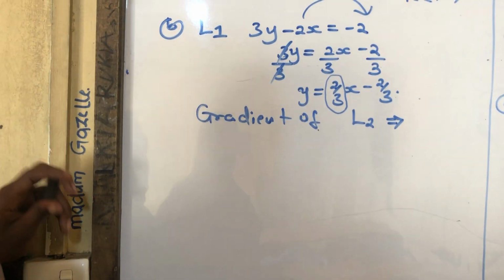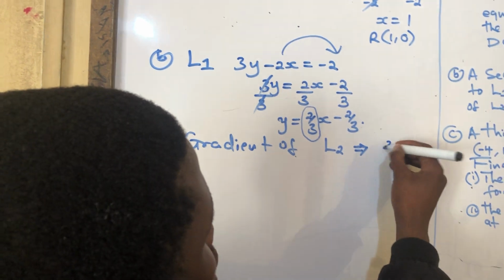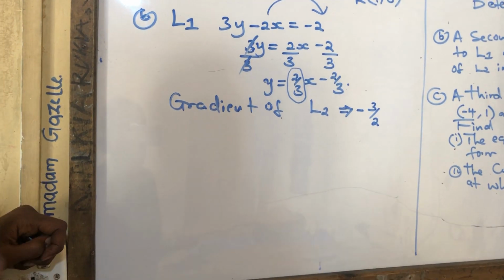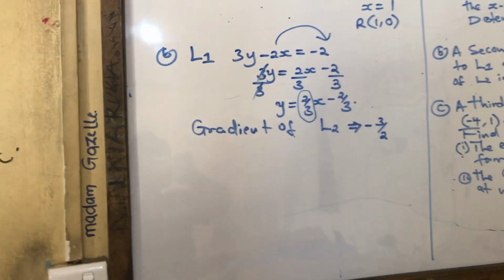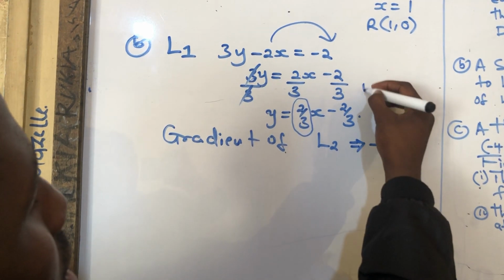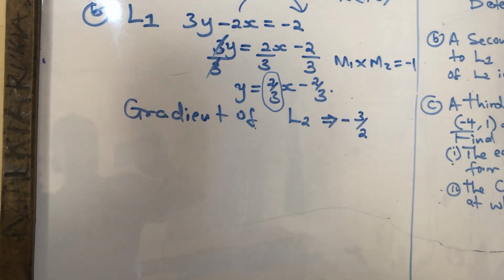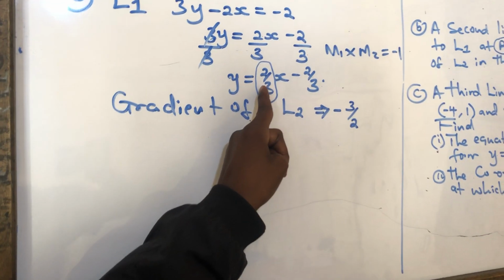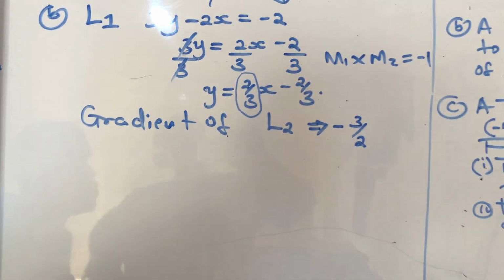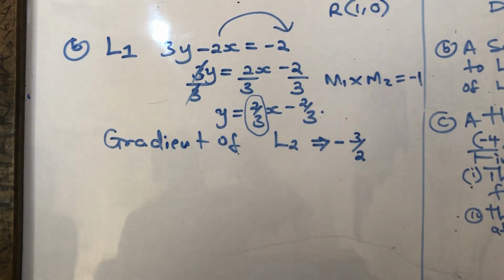What do I mean when I say the exact opposite? 2 over 3, 3 over 2. If this is a positive, the other one should bear a negative. We know already that whenever two lines are perpendicular, M1 times M2 should give us negative 1. Please confirm if 2 over 3 multiplied by negative 3 over 2 would give you negative 1. I hope the calculator is giving you negative 1.